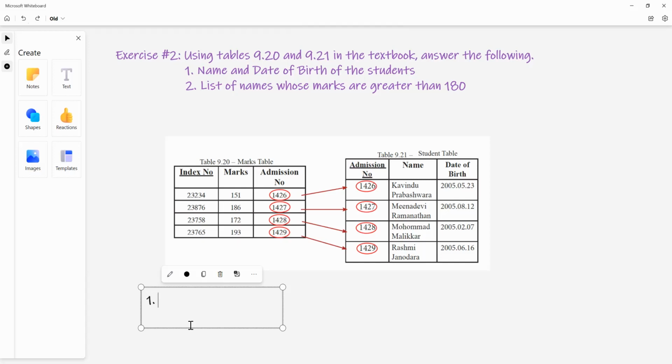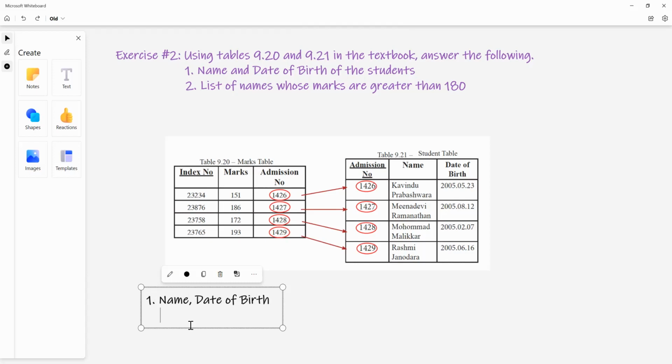First one, what is the answer? Name and date of birth of the students. So you can look at the student table, name and date of birth.